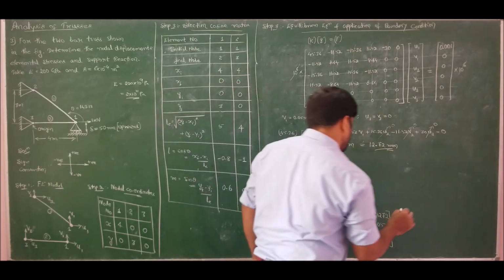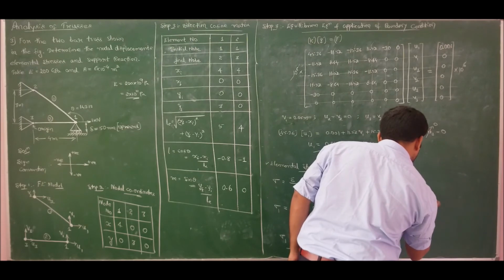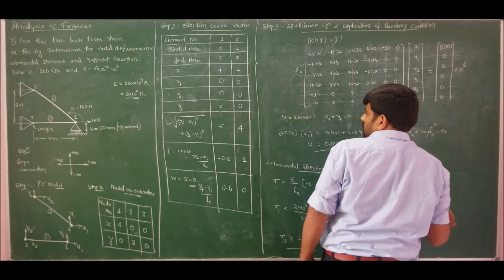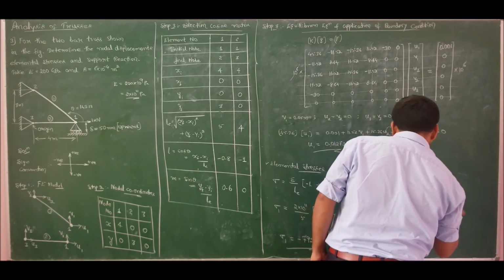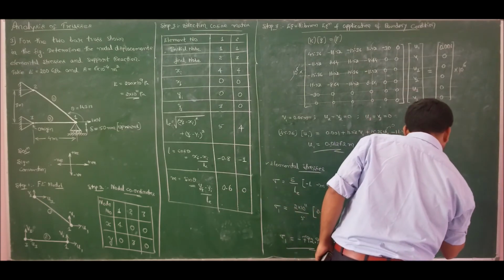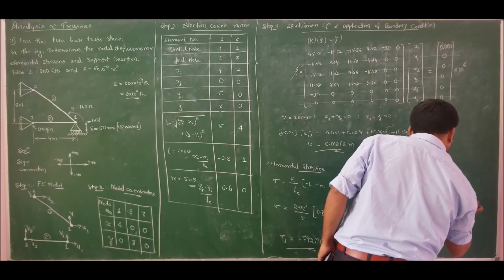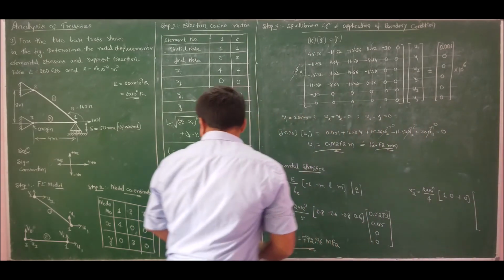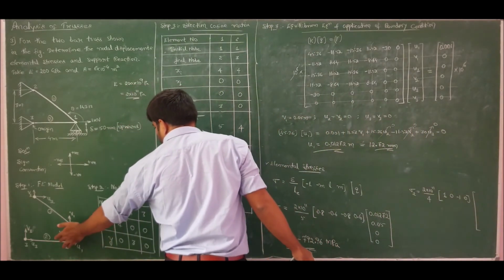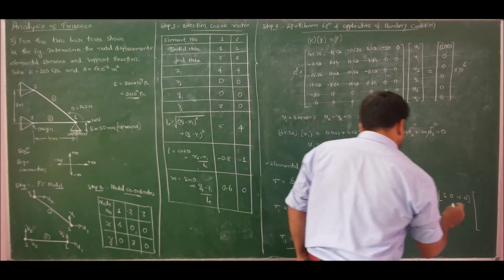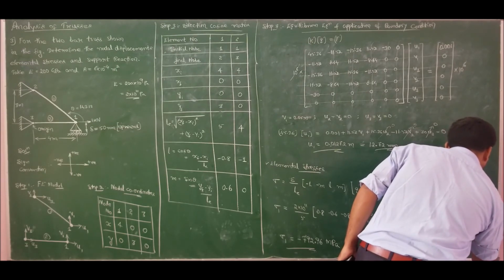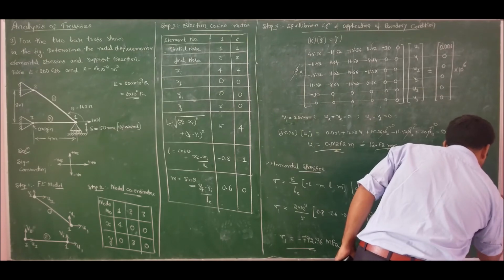Similarly, sigma 2 will be 2 into 10 to the power of 11 divided by the length of the element, which is 4. The value of L is minus 1, it will become plus 1, 0, minus 1, 0. For element 2, the displacements are U1, V1, U3, V3. U1 is known, 0.01272, V1 is given as 0.05 meters, U3 is 0, V3 is 0.